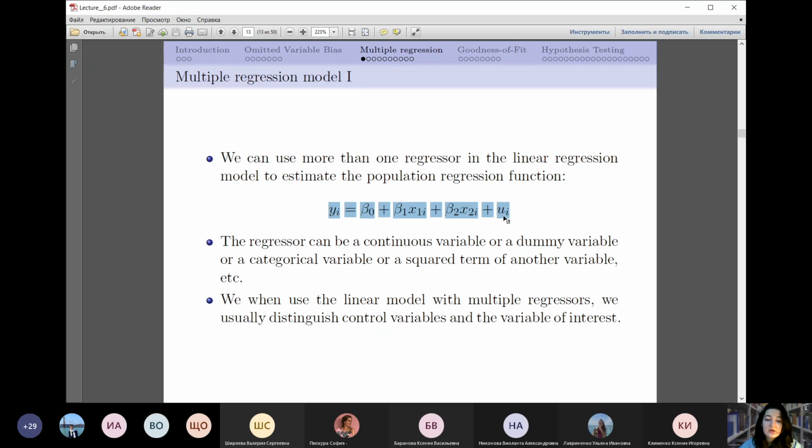So it contains factors other than x1 and x2 that affect your dependent variable. Of course, there will always be some factors, some things that we cannot include, and these factors are contained in this error term. Okay, and this is our dependent variable, x1 and x2 our independent variables. So the terminology is the same.